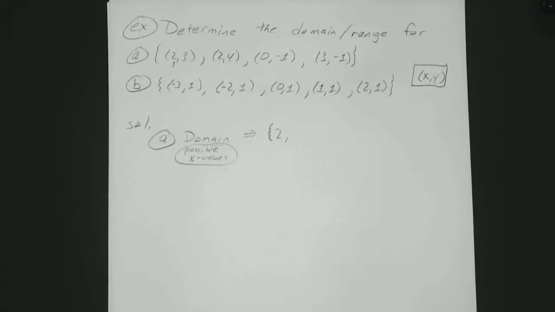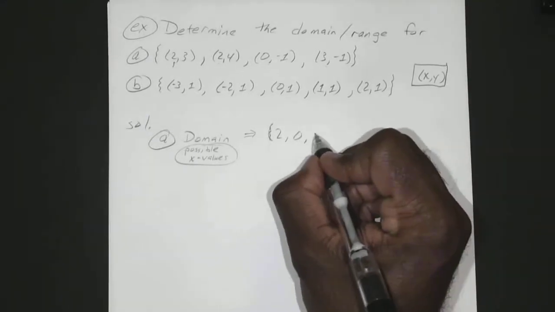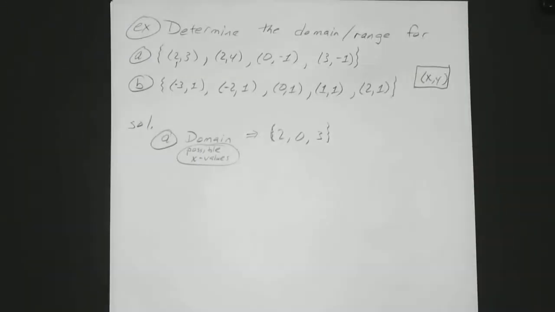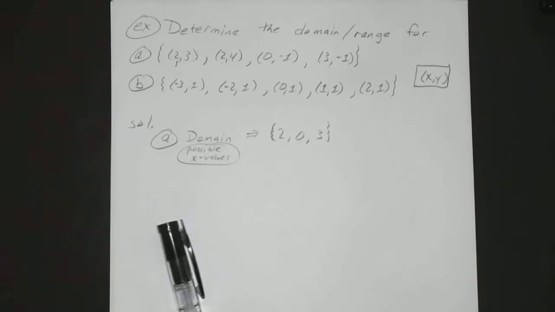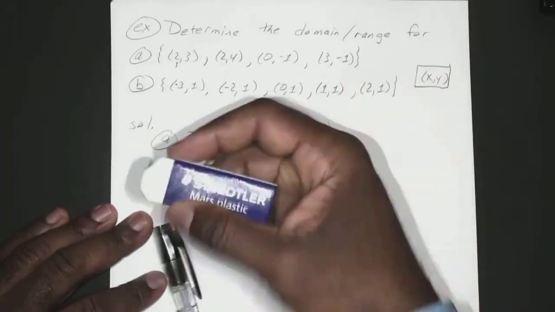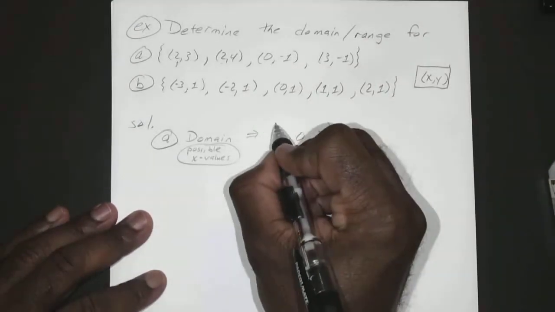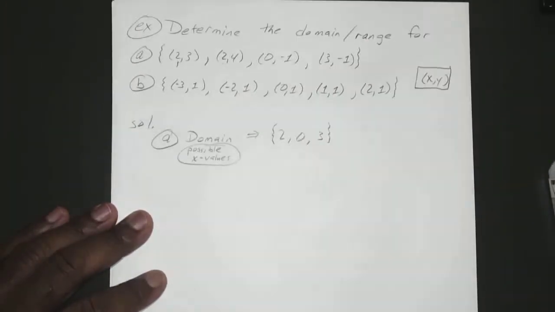So even though 2 appears more than once, you only write it down one time. So you have 2, 0, and 3. That's supposed to be a brace. There we go.